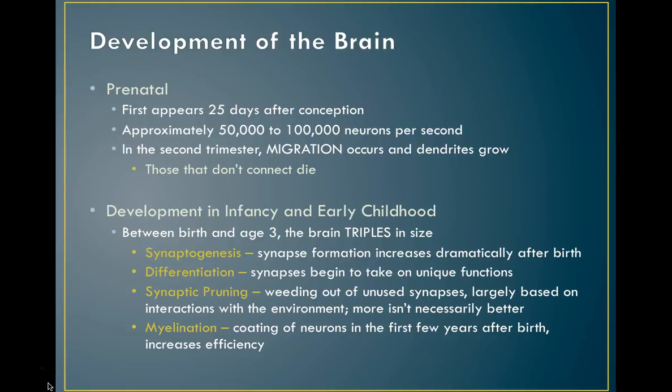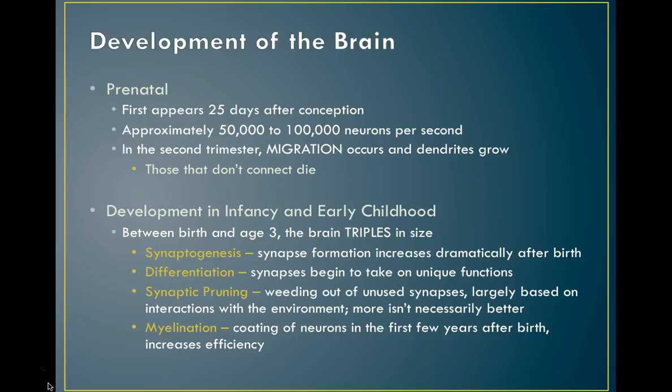At this point in time, approximately 50,000 to 100,000 neurons are growing per second. In the second trimester, all of these neurons begin to migrate, and this is when those dendrites begin to grow. The ones that don't make connections with another neuron will then die off.